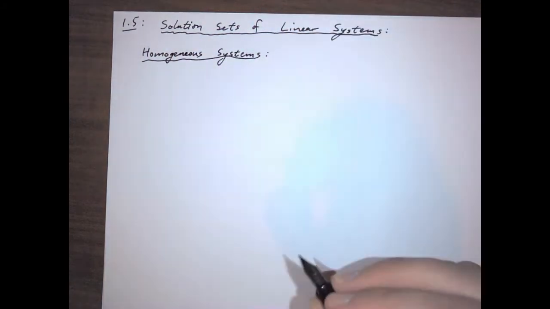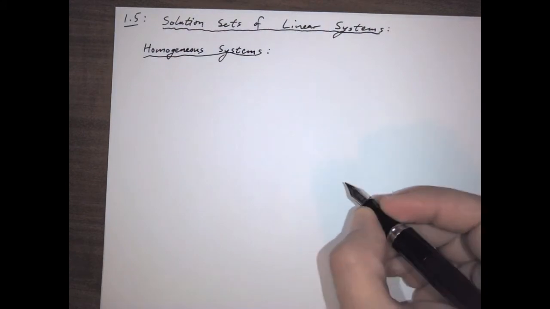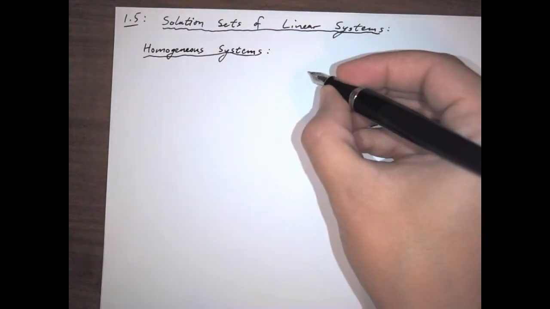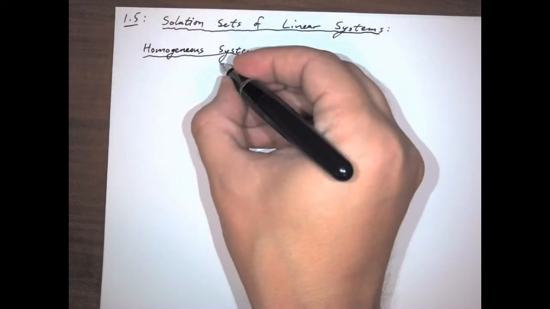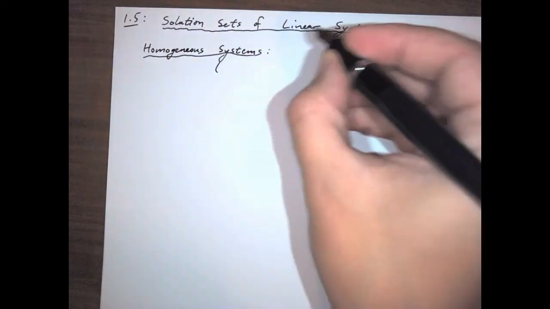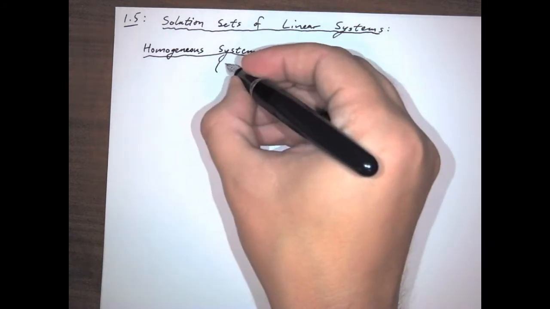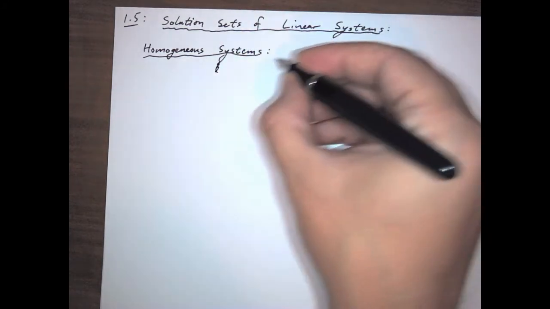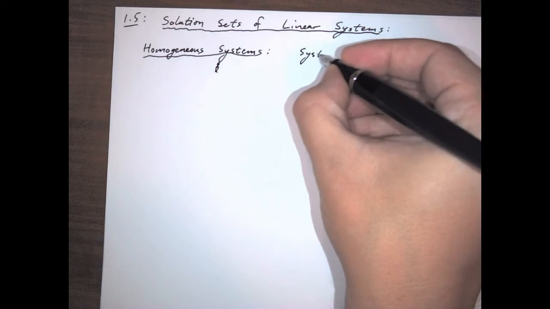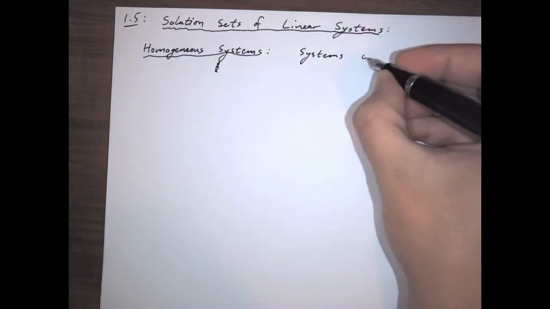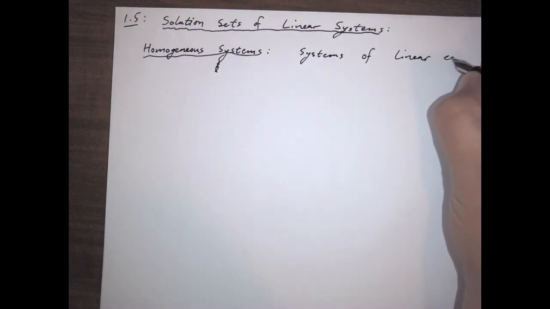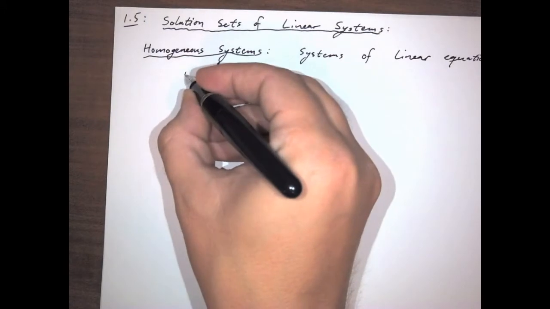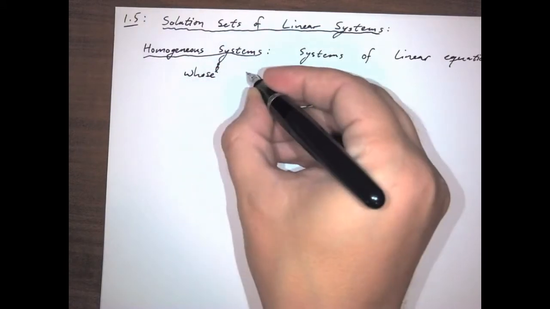So what makes a homogeneous system homogeneous is that the constant terms are all zero. So these are systems of linear equations whose constant terms are all zero.